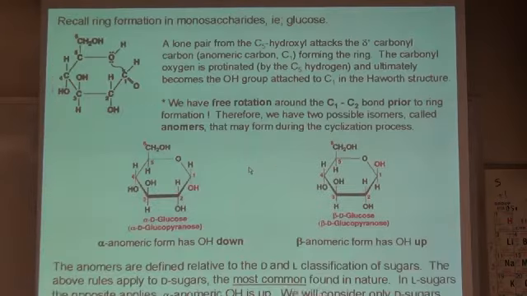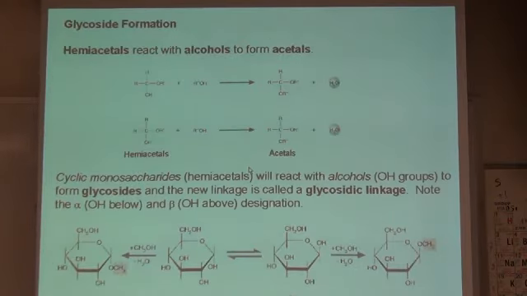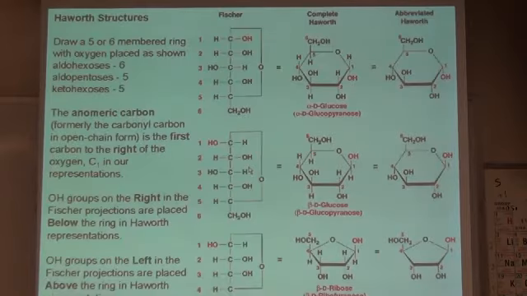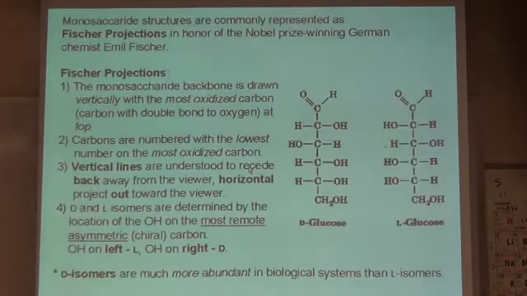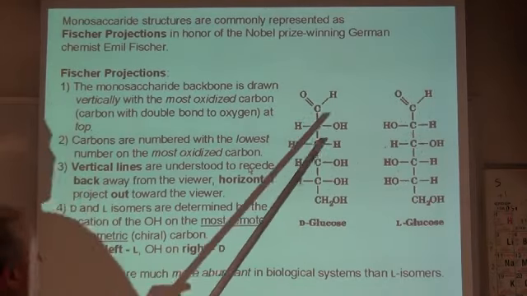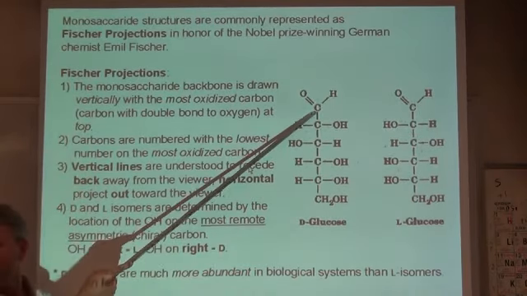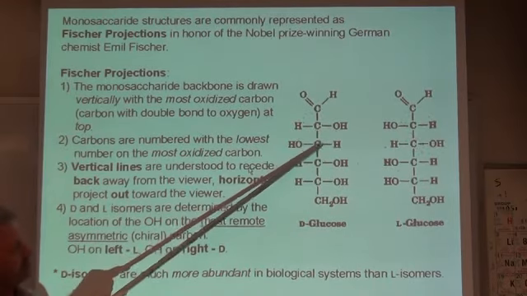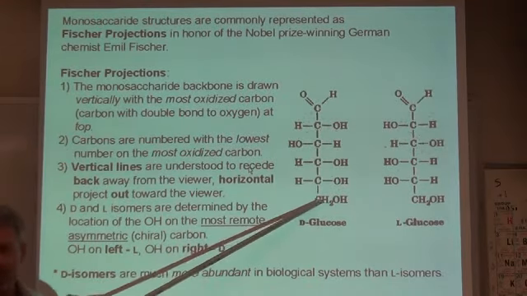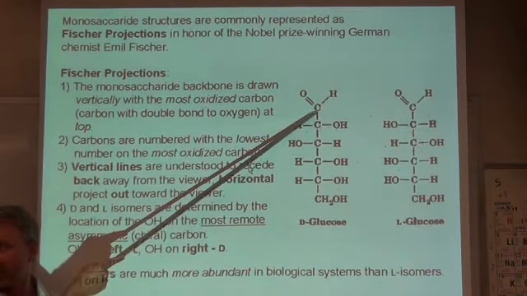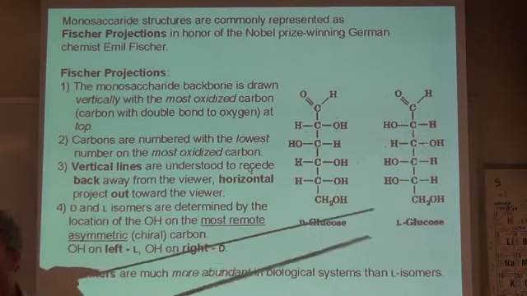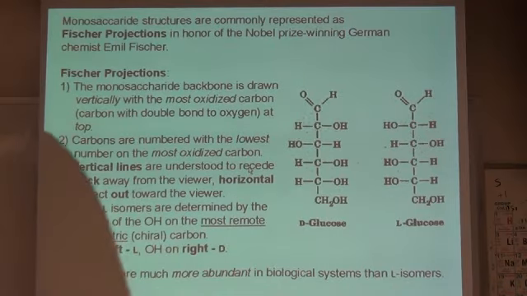So if we back up and look at our Fischer projections, let's go all the way back to here. This is carbon number 1. This is carbon number 2, 3, 4, 5, and 6. Because when we're numbering our carbon chain, we always give precedence to our functional group. Okay? Did that answer your question?